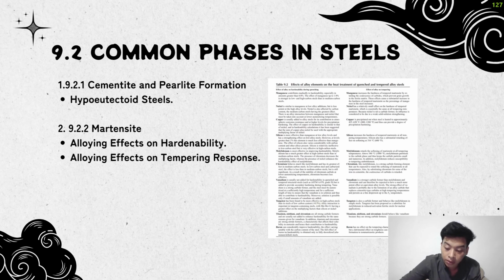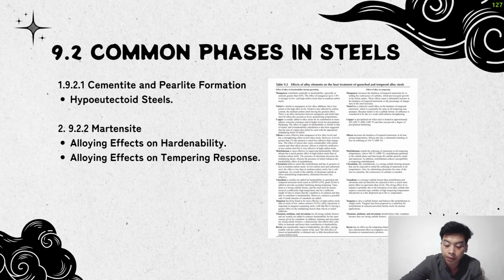First, eutectoid steels with carbon content near the eutectoid point of 0.77% C, or point G in picture 9.1. Hypoeutectoid steels with carbon content below the eutectoid composition, and last, hypereutectoid steels with carbon content above the eutectoid composition.